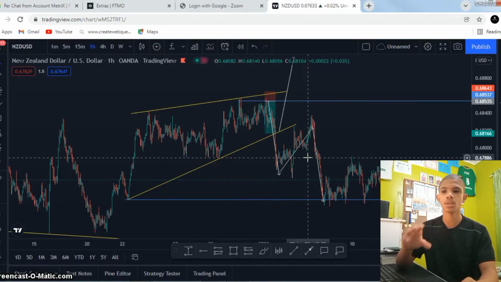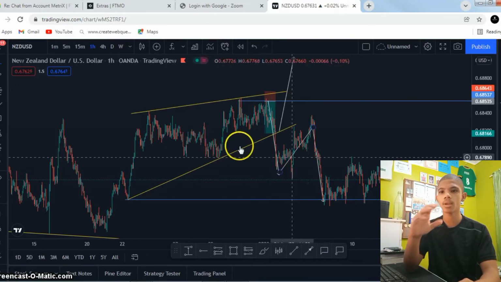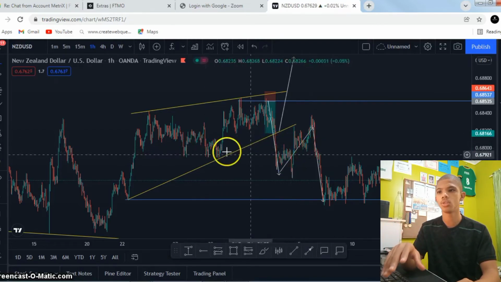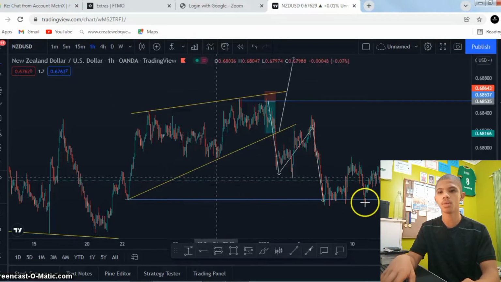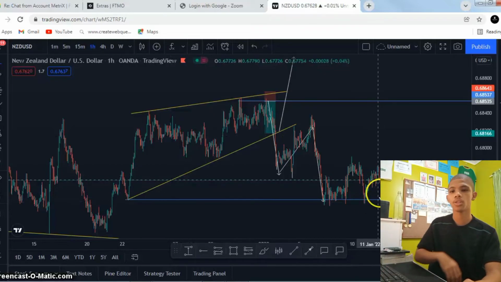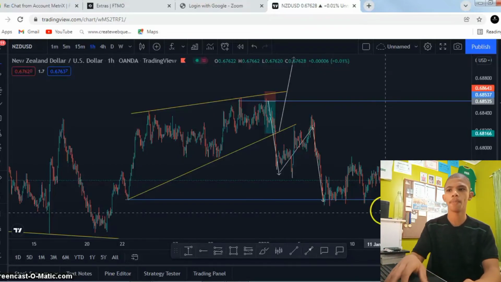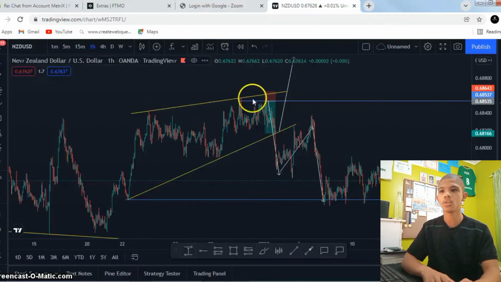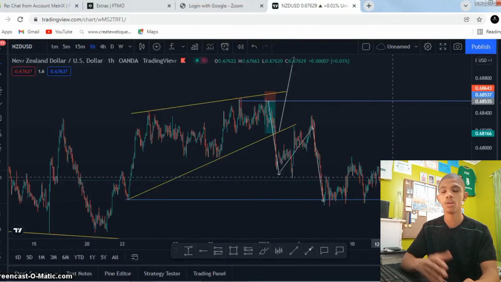It's interesting to see where the market can go from here, because we can push to the downside, but like I said, the higher time frame structure allows us to go bullish. So it's going to be interesting to see where the market might hit next. That's the analysis on New Zealand USD. Like I said, this is a trade that I didn't take, but I analyzed it.